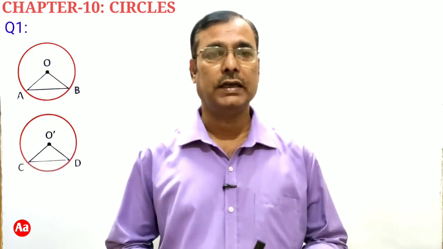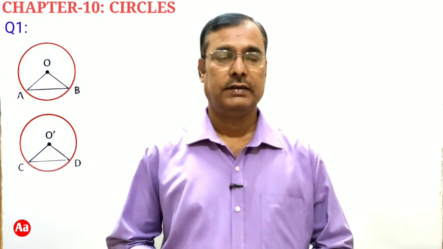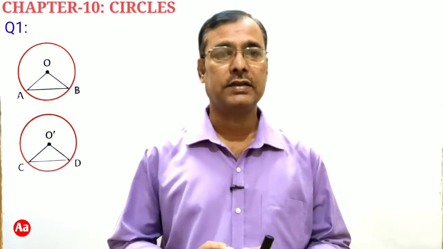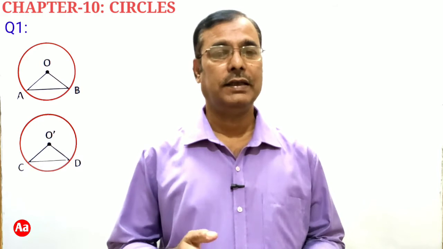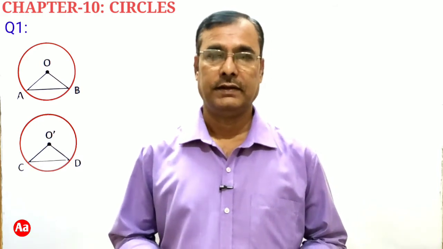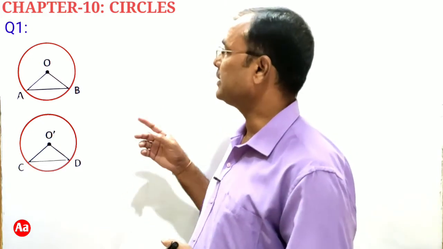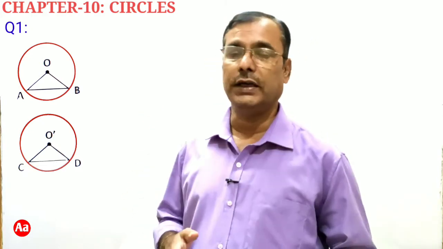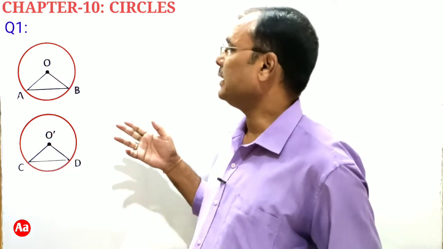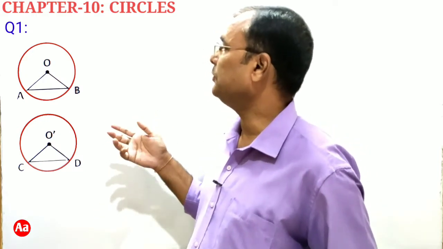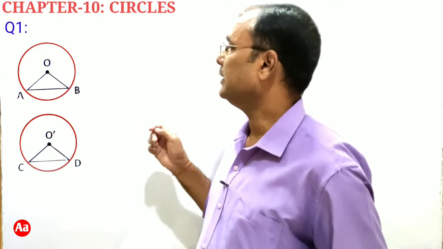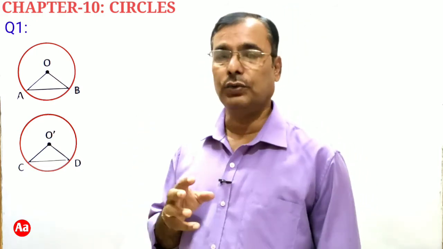Now exercise 10.2, question number 1. Prove that the equal chords of congruent circles subtend equal angles at the center. We know that two circles are congruent when they have equal radii. So here in this figure there are two congruent circles with center O and O dash. AB is a chord of the circle with center O and CD is a chord of the circle with center O dash.